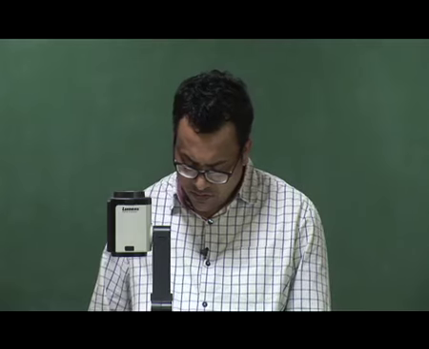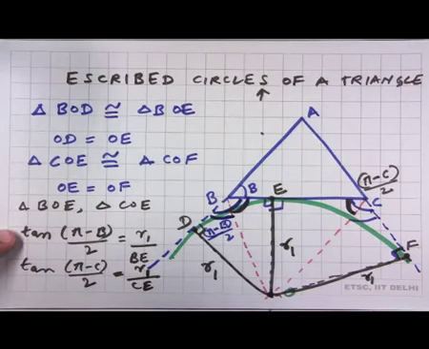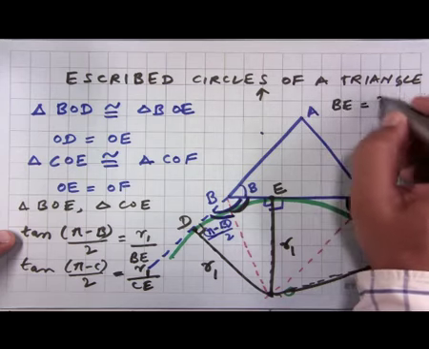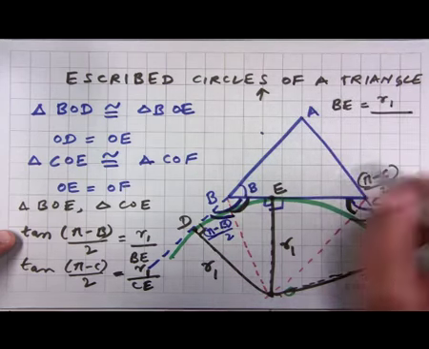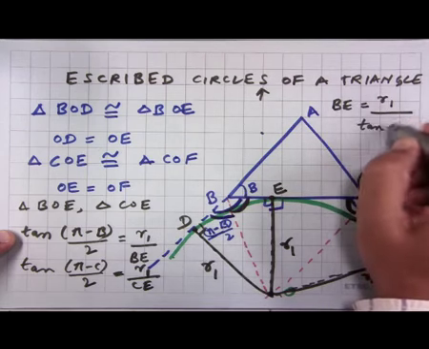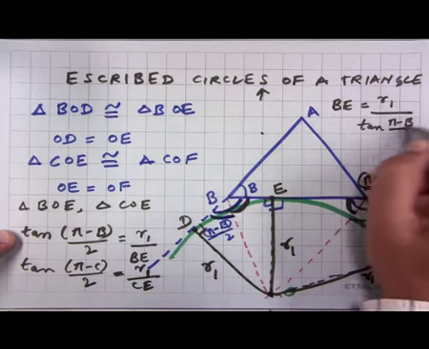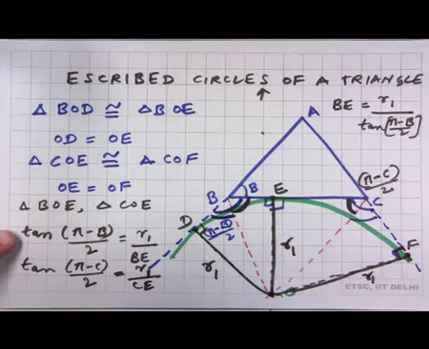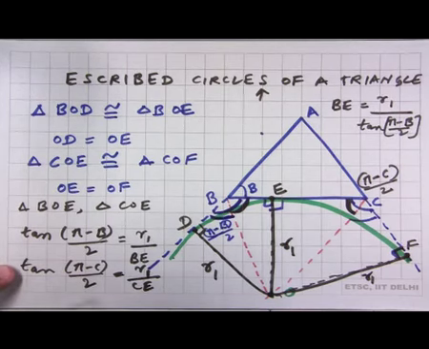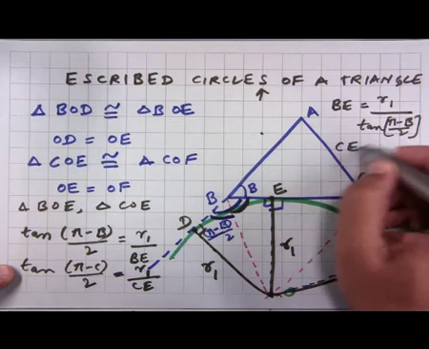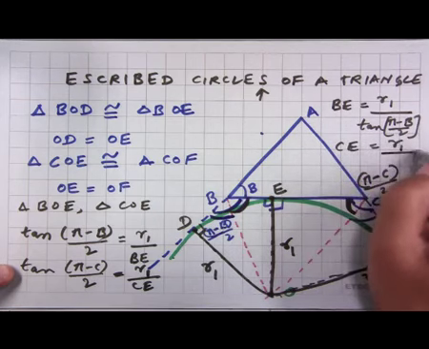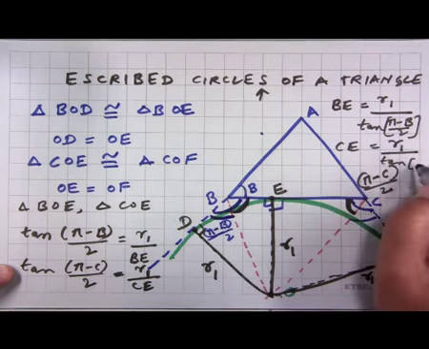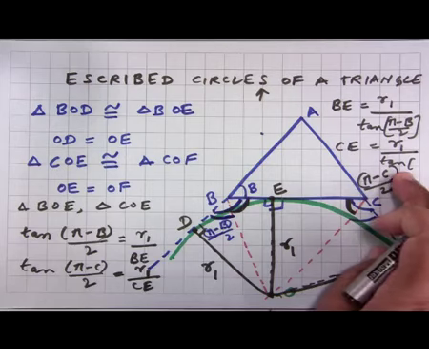Now, from this first equation, we have BE equal to R1 divided by tan of pi minus B over 2, and from this other equation we have CE equals R1 over tan of pi minus C over 2.